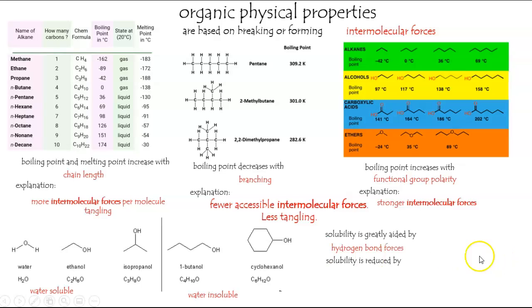So solubility would be greatly aided by when you have hydrogen bond forces, but it's reduced when you have greasy hydrocarbon regions. And the magic number typically for an alcohol is once you get 4 carbons per OH or more, well, that thing's going to pop out of water. This is an introduction to organic physical properties.